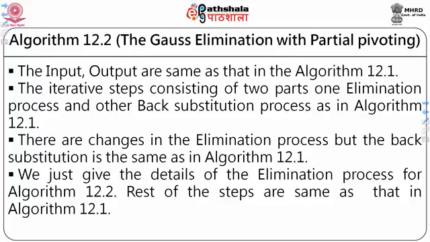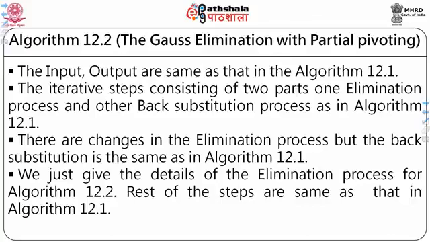There are changes in the elimination process, but the back substitution is the same as in algorithm 12.1, so no change in that. We just give the details of the elimination process for algorithm 12.2. The rest of the steps are the same as in algorithm 12.1.